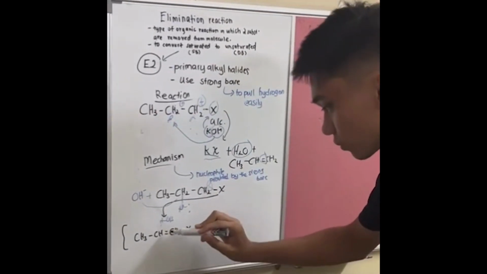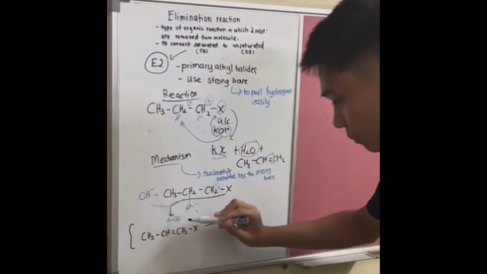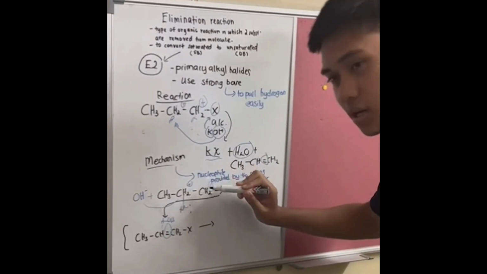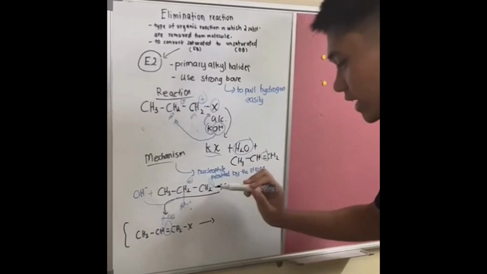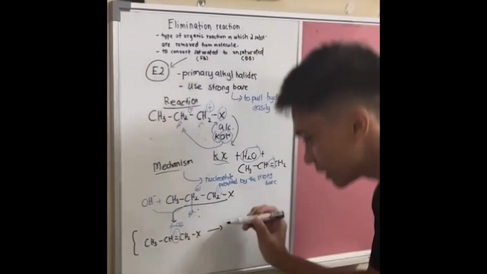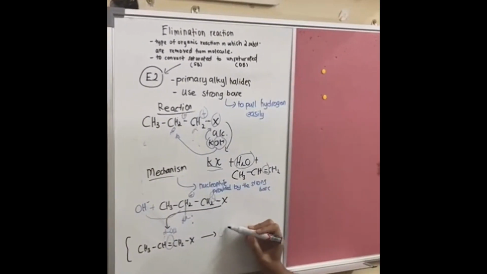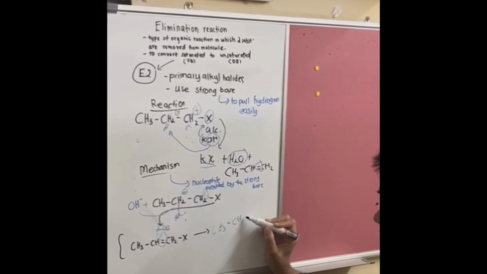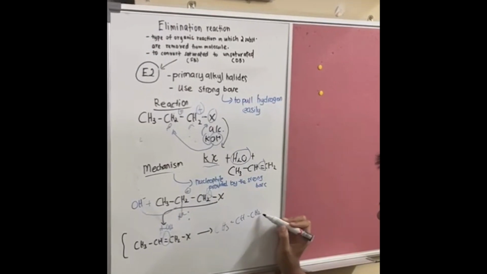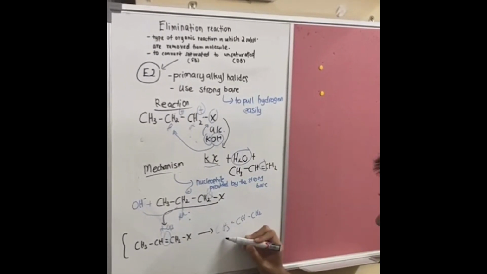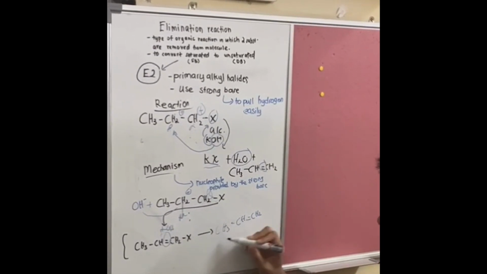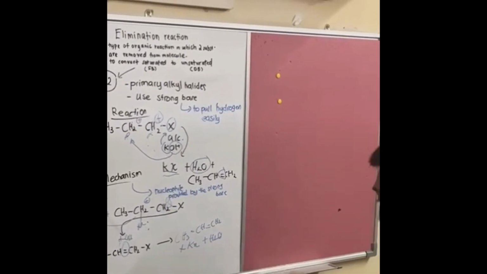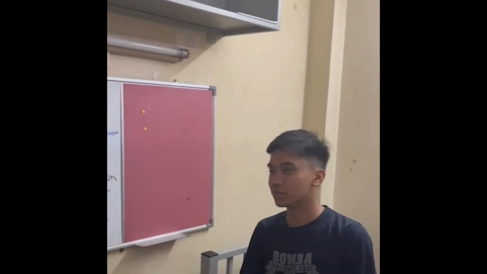We will be forming a double bond here because it has one additional electron and also here one additional electron, so the final formation is CH3 CH CH2, here is the double bond, plus KX and also H2O. So that's all from me for the E2 elimination.